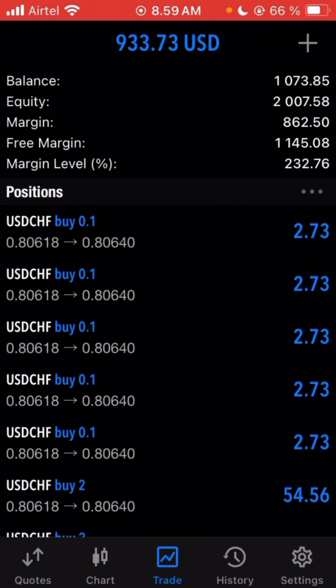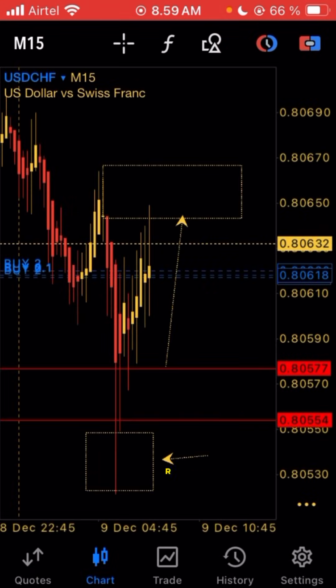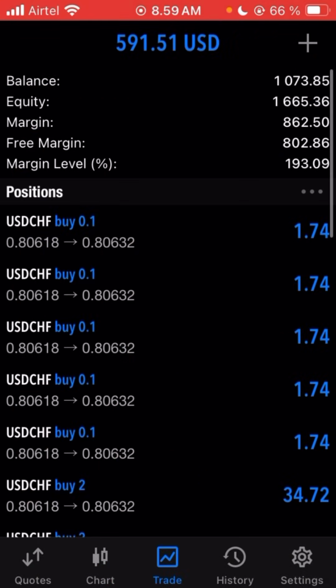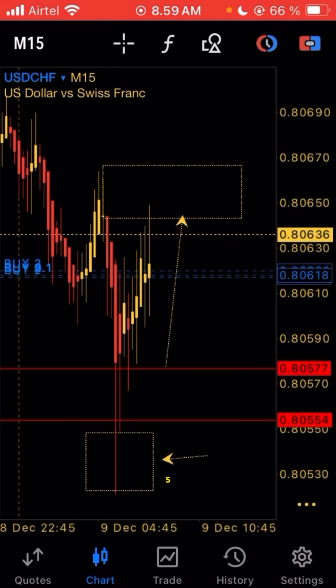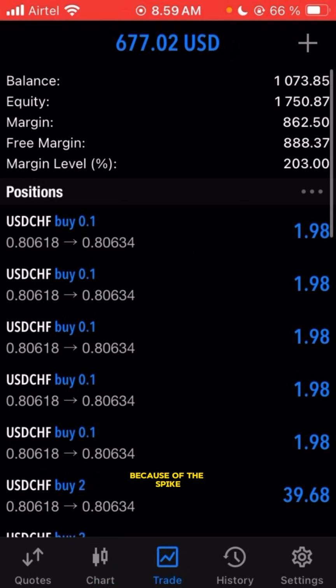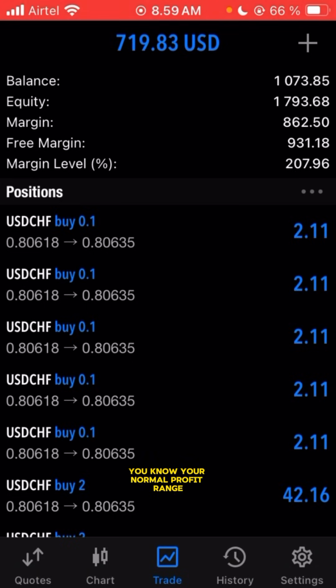And because of the spike, remember I made mention of the spike, it wasn't up to that amount, it was around 510, 515. Because of the spike it would just dip and then trace back to your normal profit range. So that was exactly the drawdown we were having.